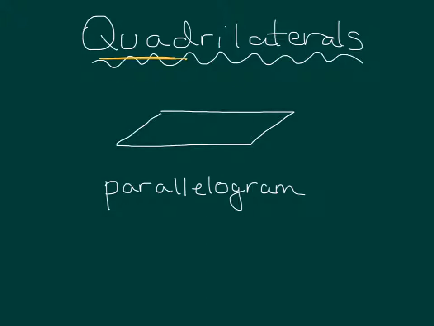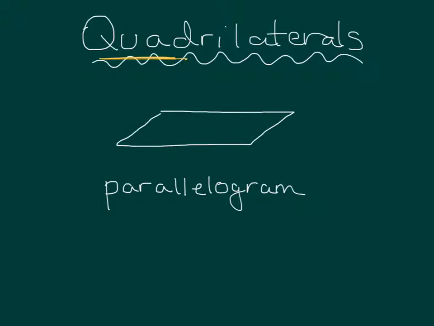The first one we're going to look at is a parallelogram. A parallelogram is a quadrilateral where both pairs of opposite sides are parallel and equal in length. So in order to be a parallelogram, opposite sides are parallel.